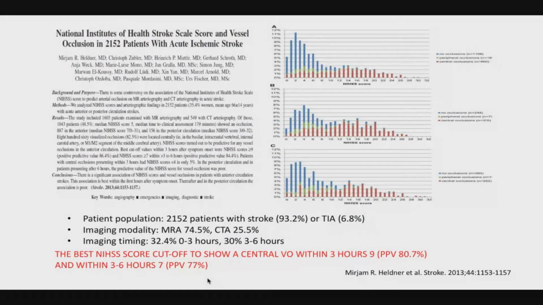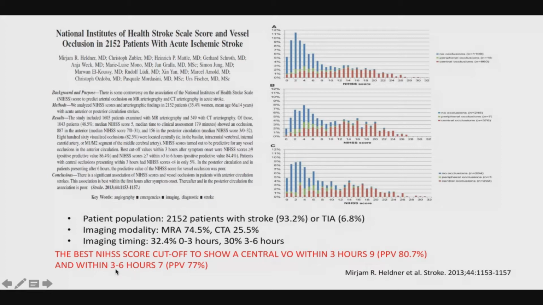Now, what about NIH stroke scale? Can we use that to identify those patients who have large vessel occlusion and can benefit from treatment without having to do any advanced imaging? So this paper showed that the best NIH stroke scale cutoff to show a large vessel occlusion within the first 3 hours was 9, with a positive predictive value of 80.7.